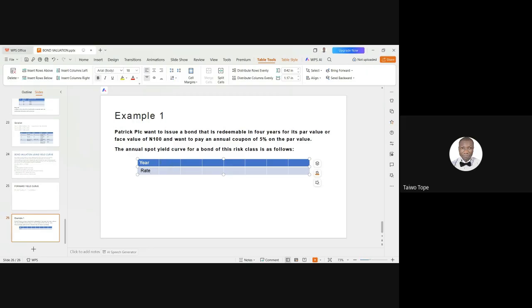For year, we have year 1, year 2, year 3, and year 4. The rates: year 1, 3.5%; year 2, 4.0%; year 3, 4.7%; year 4, 5.5%.